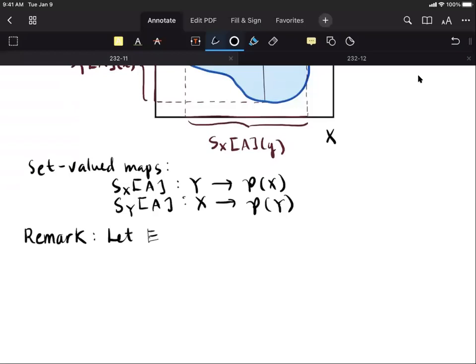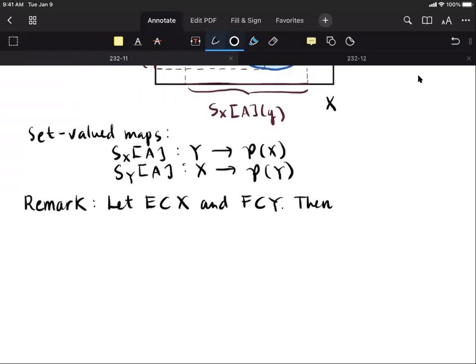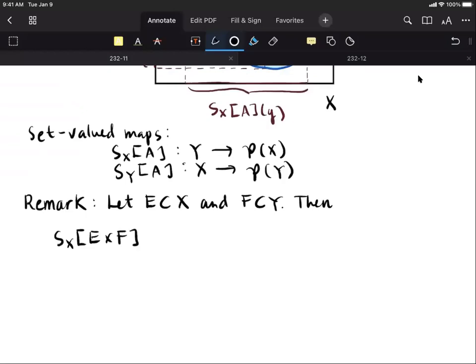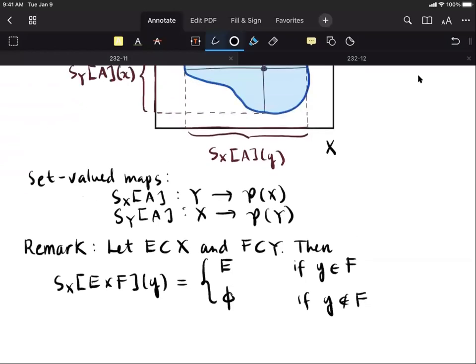So take a subset E of X and a subset F of Y. Then you can immediately show that the section on X of E × F at a point y is either the full set E if y is in F. Otherwise, that is, if y is not in F, then the section would be empty.